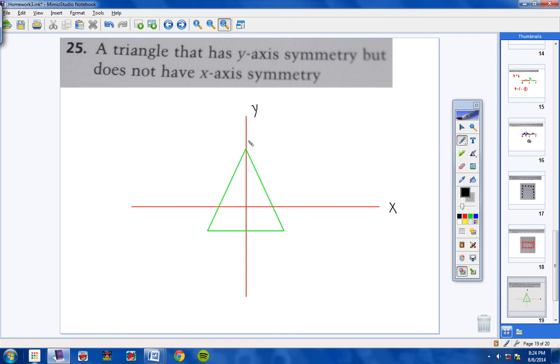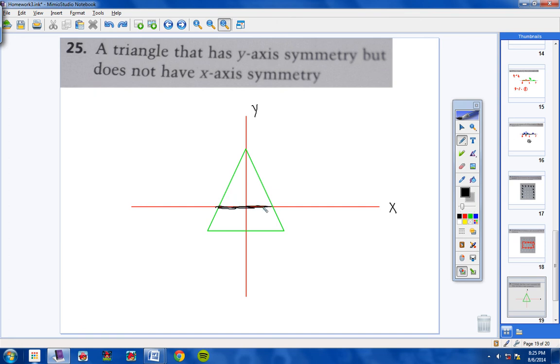If you were to fold this triangle right on this y-axis, would not this side of the triangle here fall right on top of this side over here? Sure it would. So we have what we call vertical line symmetry, or in this case we call it y-axis symmetry because this is the y-axis. Now, do we have x-axis symmetry, or in other words, do we have horizontal line symmetry?